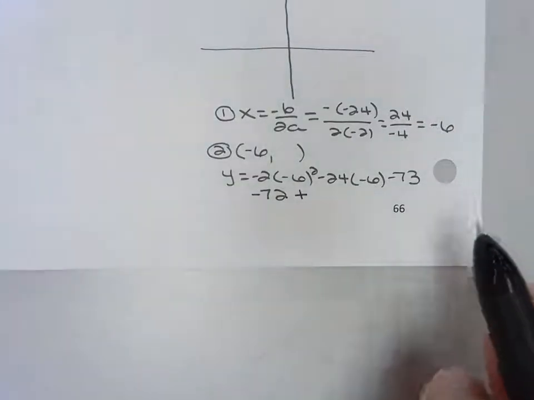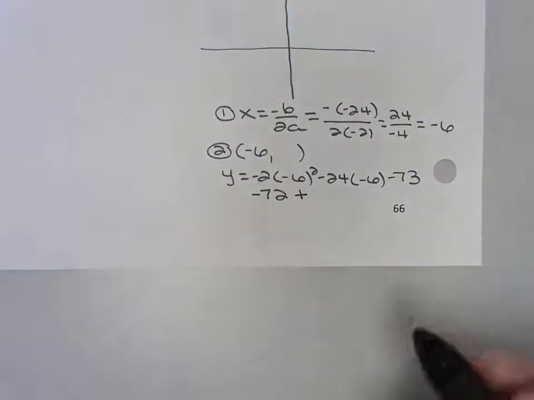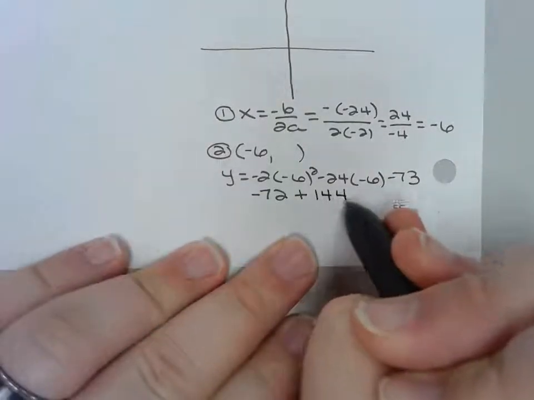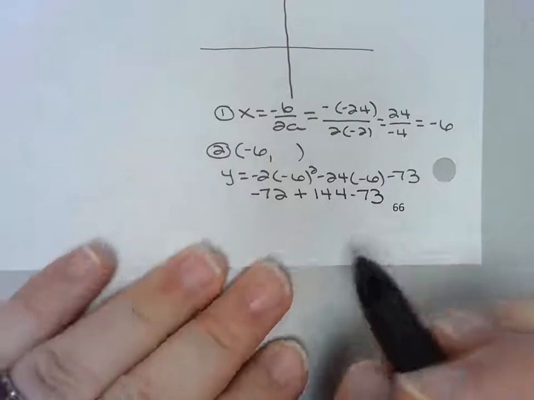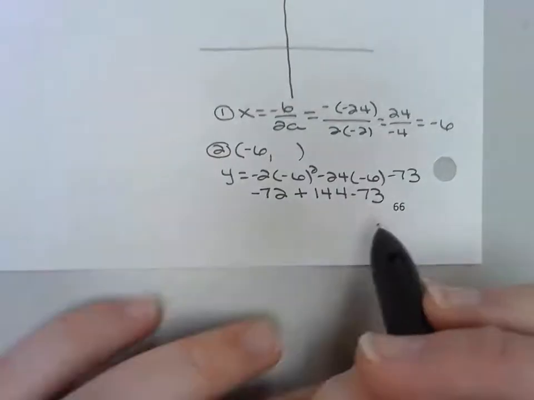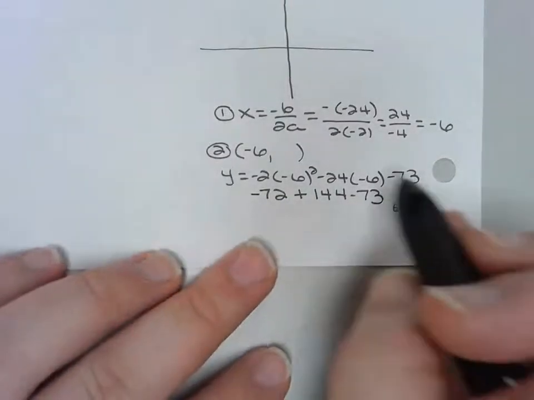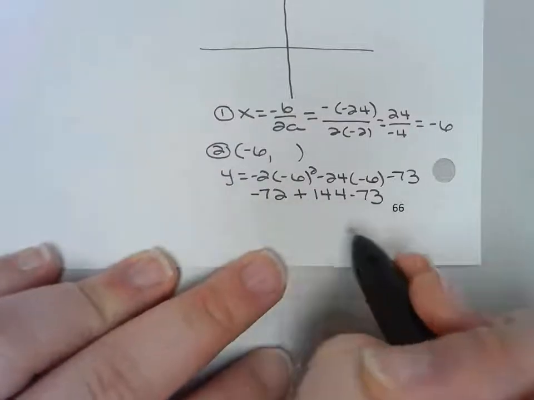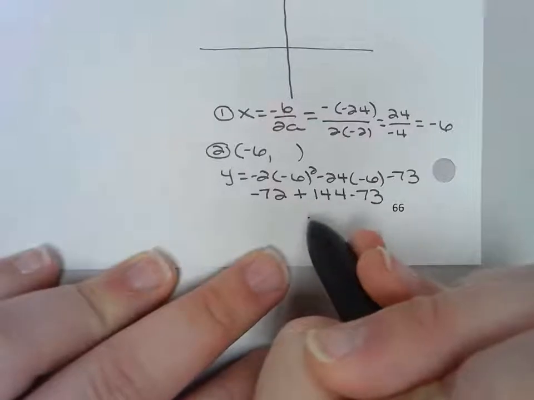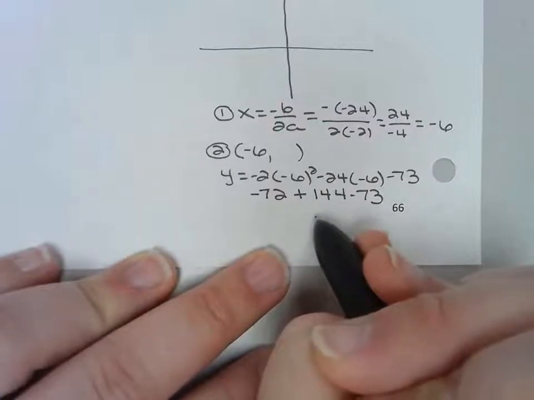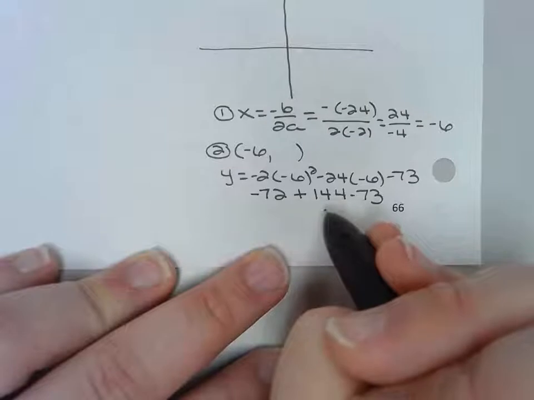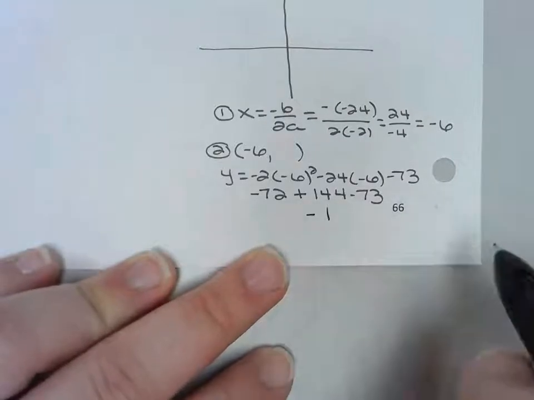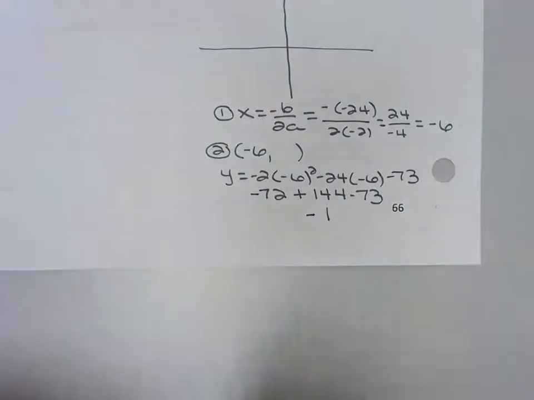Positive 144. Negative 72 plus 144 minus 73. What is it? Negative 1.